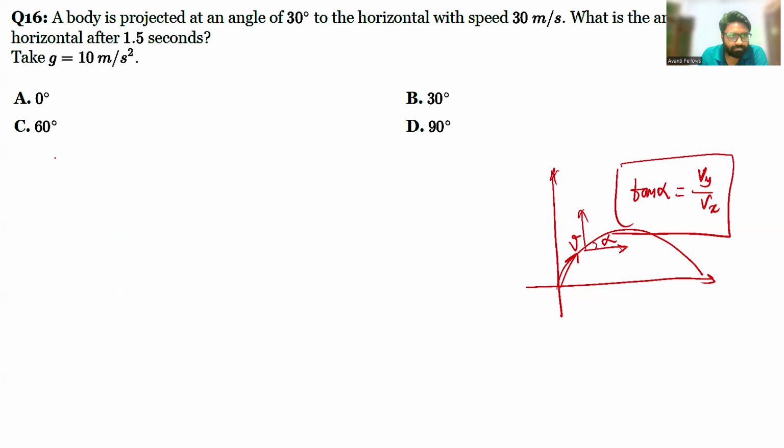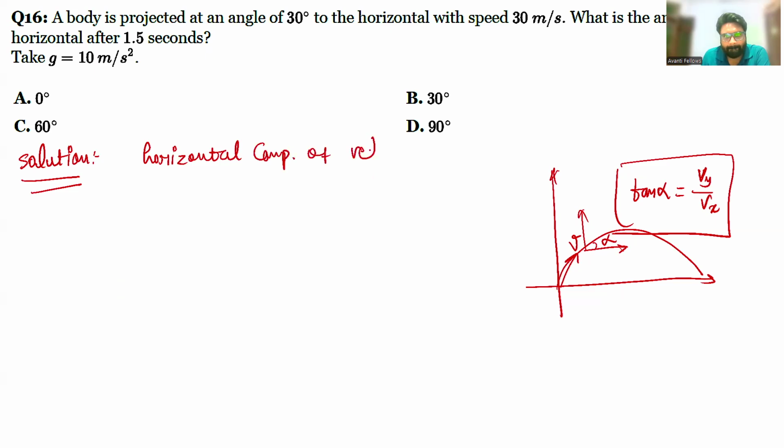Now, if you just solve this question, in projectile motion we know that the horizontal component of the velocity remains constant throughout the motion.